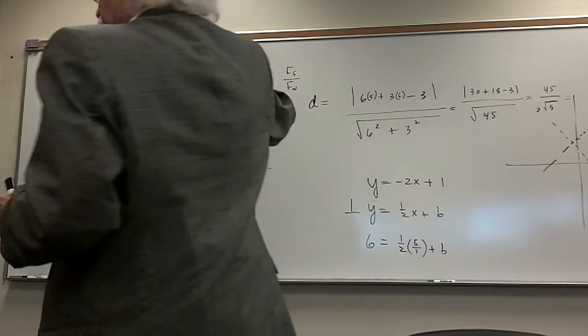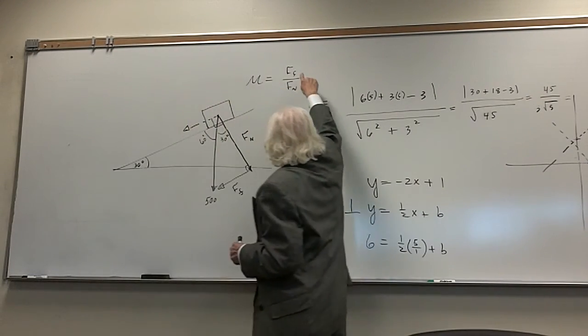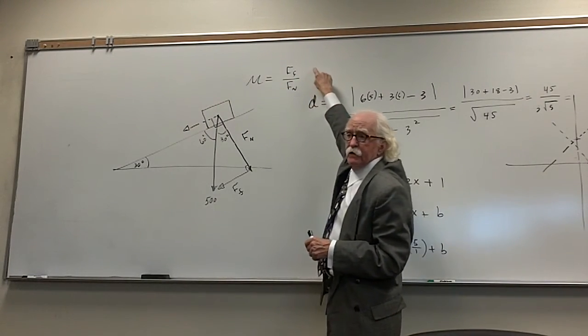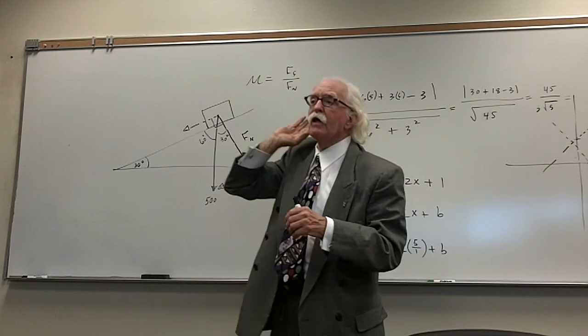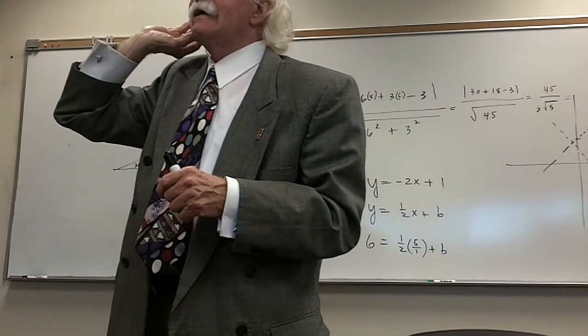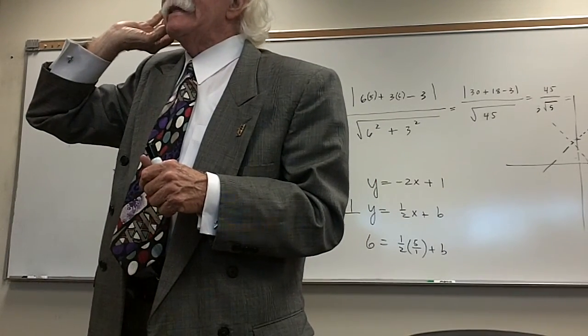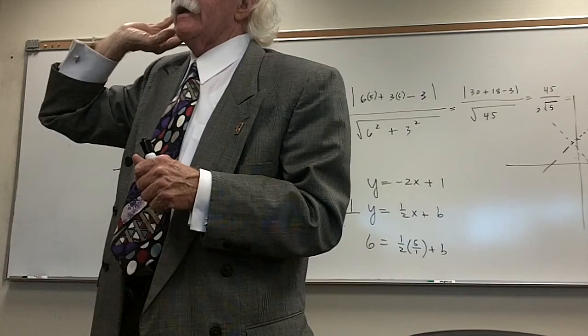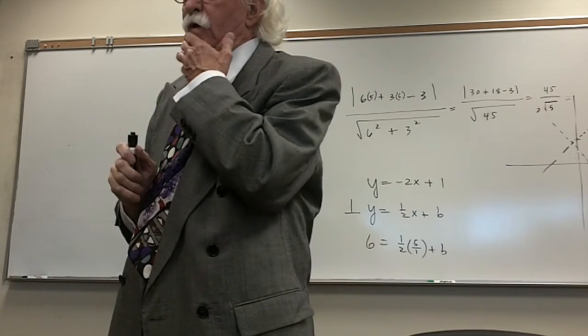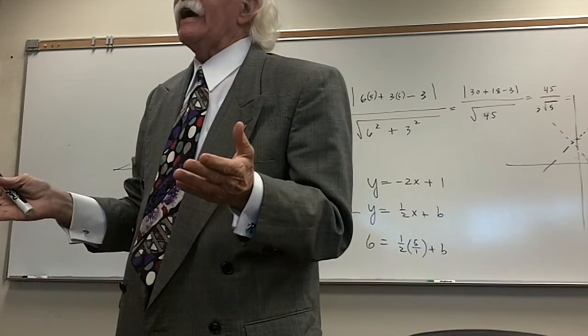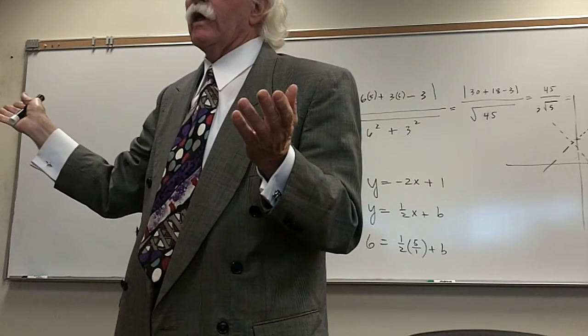What you should recognize here is this. Who knows what this is? Force of friction over force. Who knows your trigonometry? That's the tangent of the angle. The tangent of the angle is opposite over adjacent.